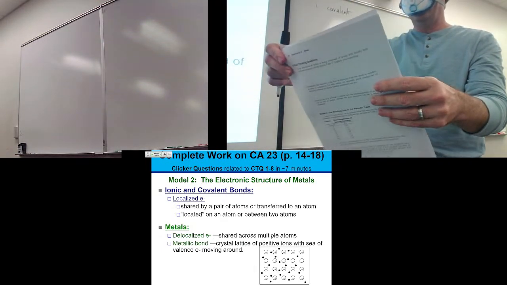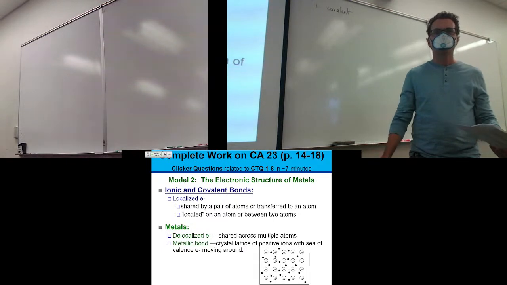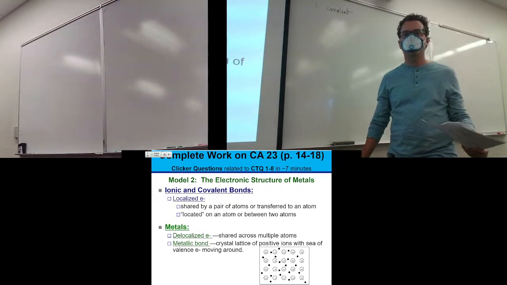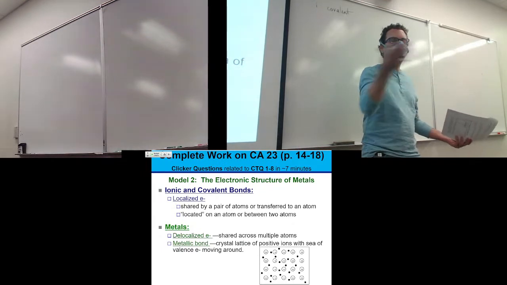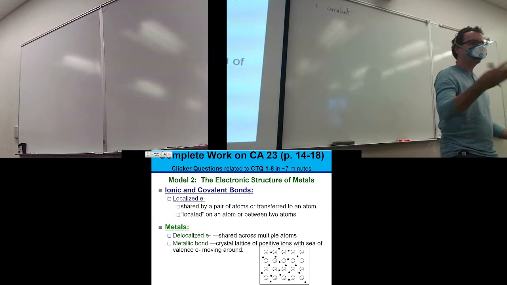2A, how do you know that it's not ionic bonding for the metals? We can use our intro chem definition, right? What do ionic bonds normally involve? A metal and a non-metal. But electronegativity-wise, why do metals not do ionic bonding?